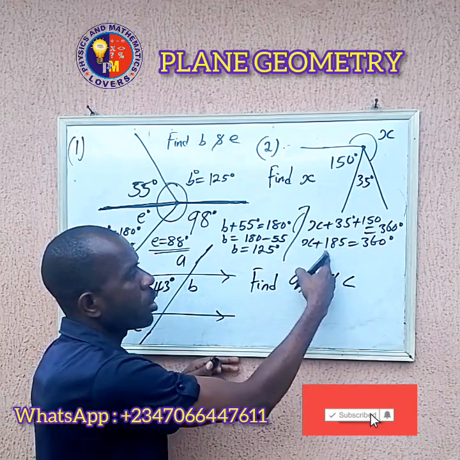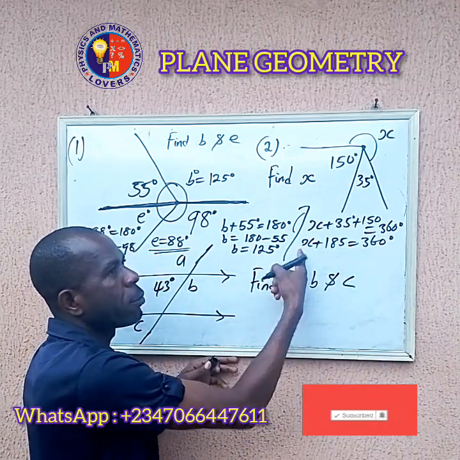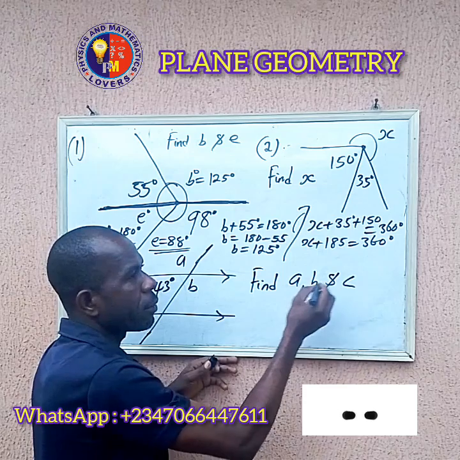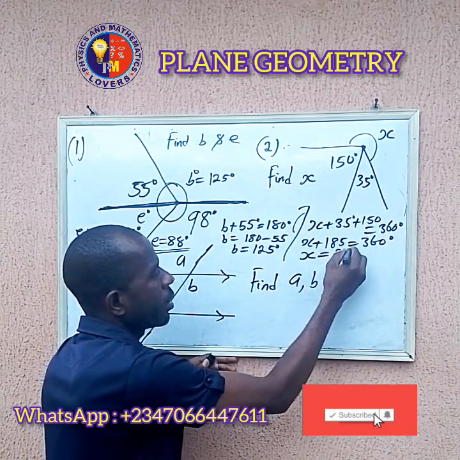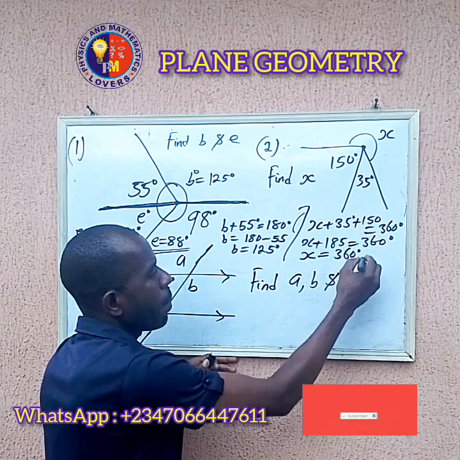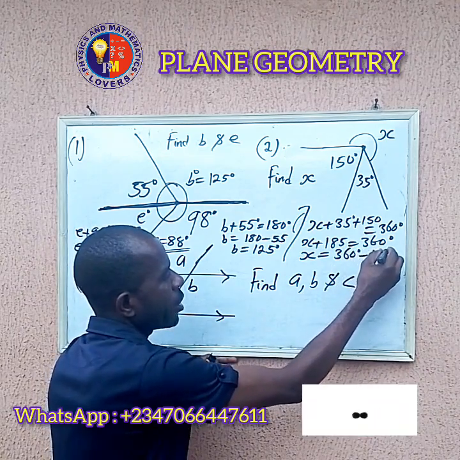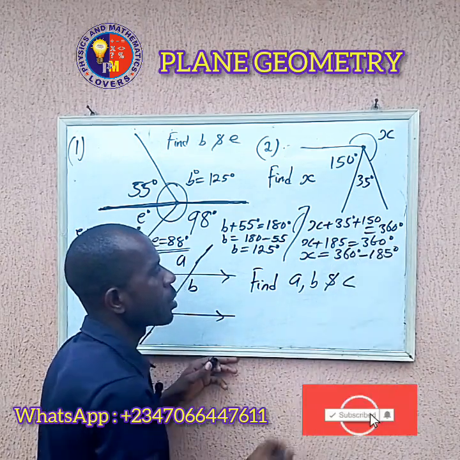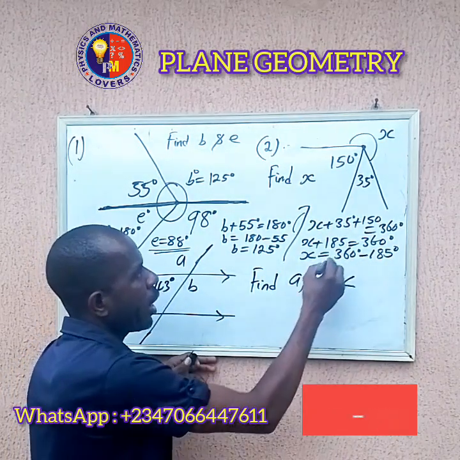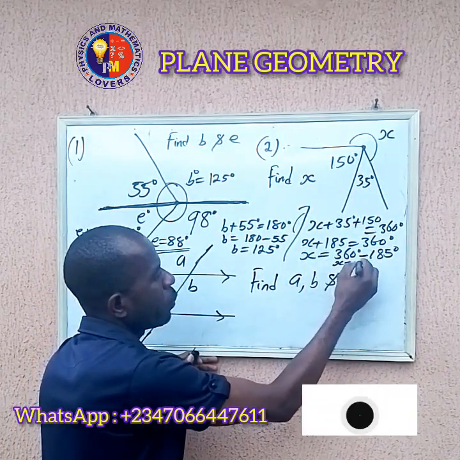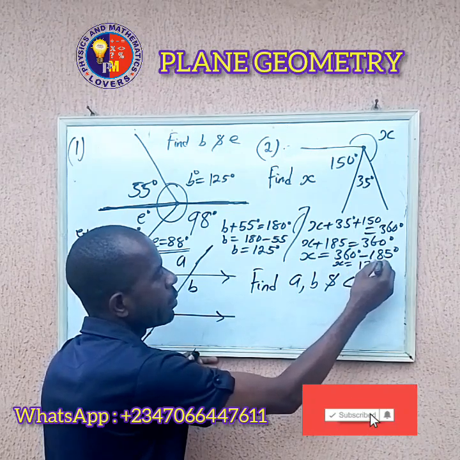Of course, we are going to take this to the other side. Subtract 185 from both sides, so that we have X equal to 360 degrees minus 185 degrees. So take 185 degrees from 360, your X is going to give you 175.